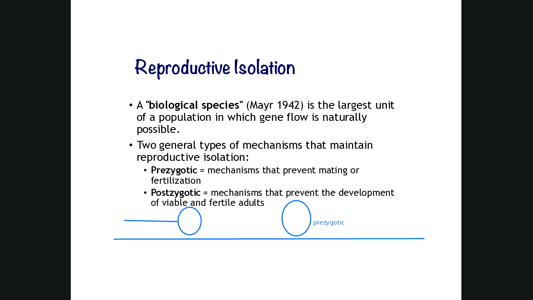So once sperm and egg come together, sperm and egg create a zygote. Oops, forgot to change my shape. So there we go with the zygote in red. So sperm and egg come together, they create a zygote. And any mechanism that prevents the development of a viable egg into an adult form, we call that a post-zygotic mechanism.